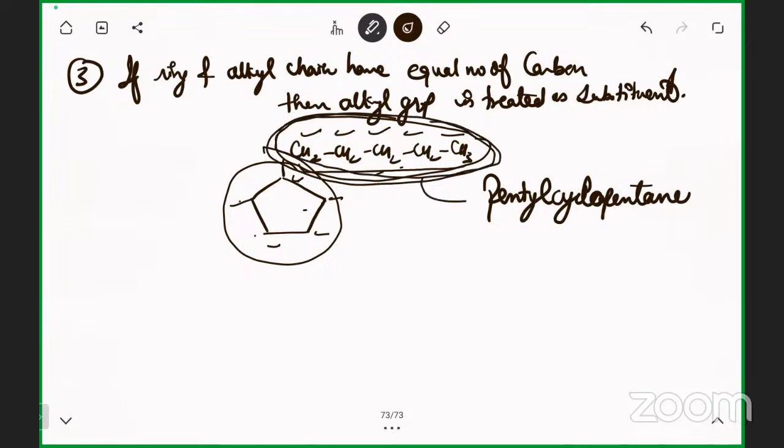So I named it as pentyl in the starting. But that ring will be considered as the parent chain, the parent group. The parent group is the one which we write at the end.